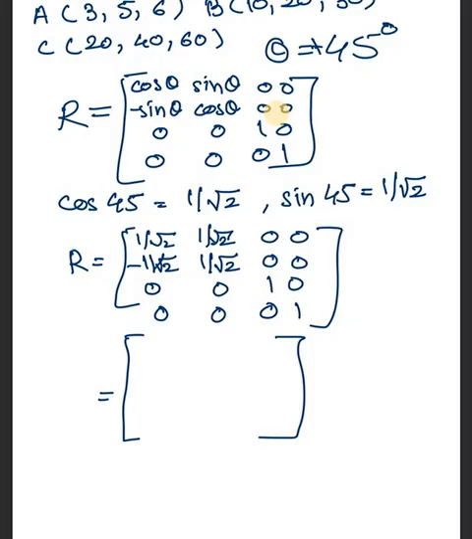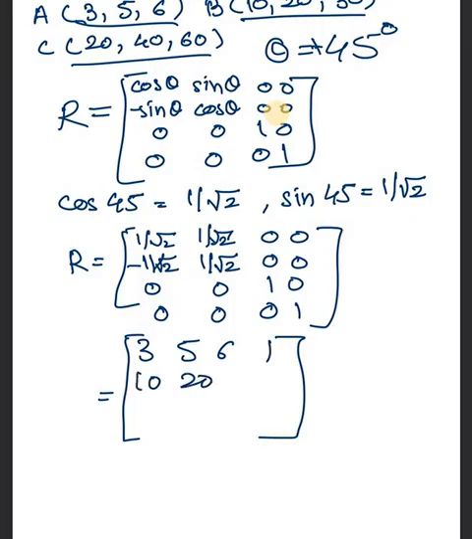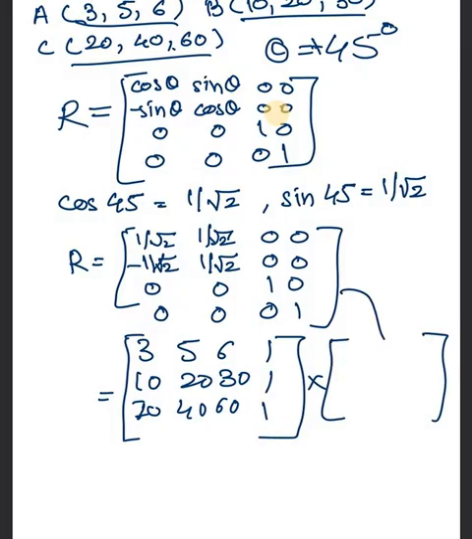X, Y, Z. So when it is a three-dimensional sum, we consider a 4x4 matrix for R. Okay, and here also there are 4 coordinate values. So the last coordinate value is always 1. So it is 3, 5, 6, 1. It is 10, 20, 31, 20, 40, 61 multiplied by what? The R. Correct?